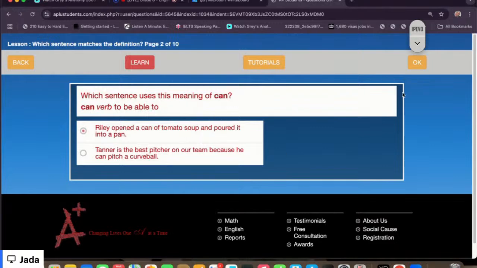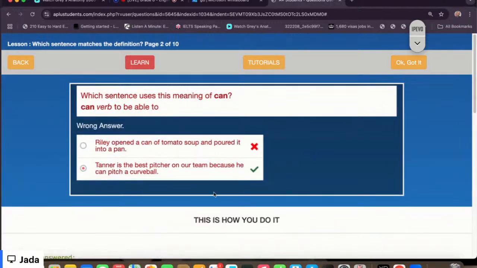Okay, so can. So if you say can open, it is wrong, but can pitch a curveball is correct because that's able to do something.